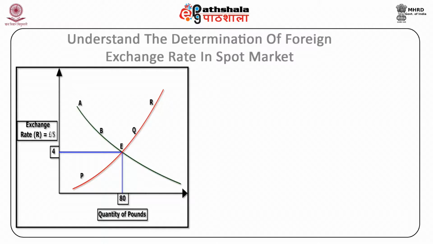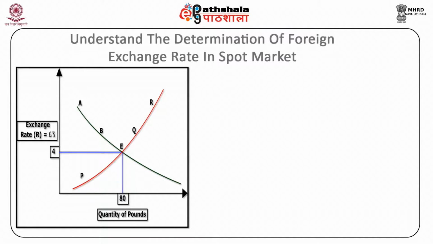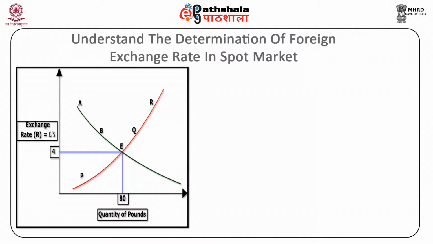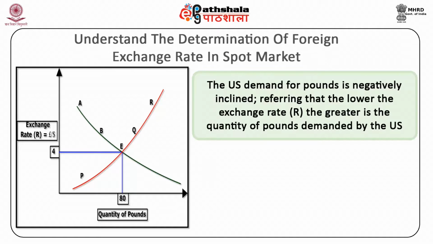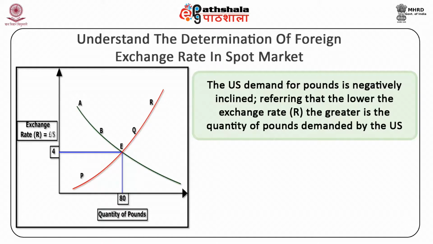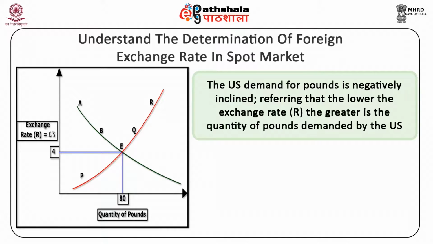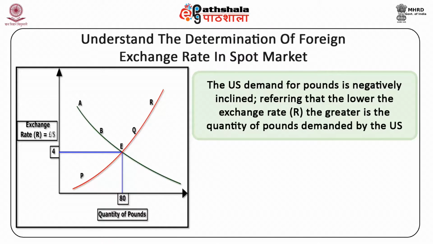At this point, the quantity of pounds demanded and the quantity of pounds supplied are equal to 80 million pounds per day. The US demand for pounds is negatively inclined, meaning that the lower the exchange rate, the greater is the quantity of pounds demanded by the US.